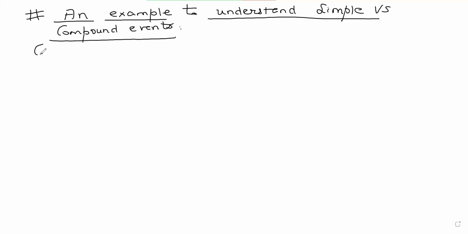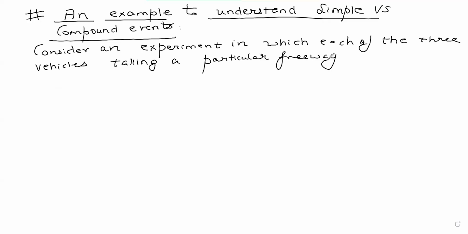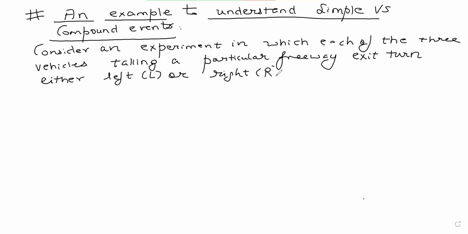Okay, so consider an experiment in which each of the three vehicles taking a particular freeway exit turn either left, captured by L, or right, captured by R.